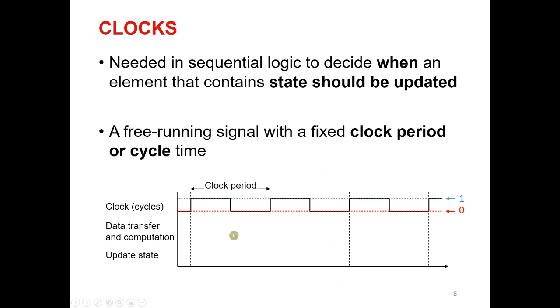Then usually during the clock period, we do data transfers and computations, and the state is updated at some point. It usually happens when the clock changes, for instance. So here, in the blue parts, we do data transfer and computations, and here we update the state.